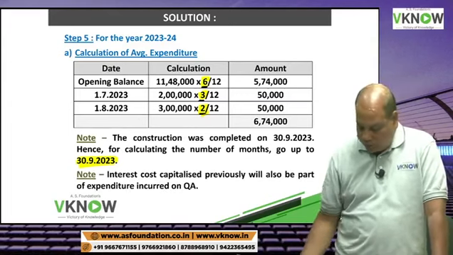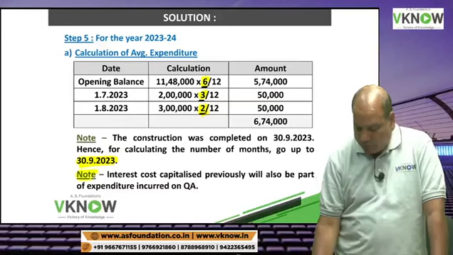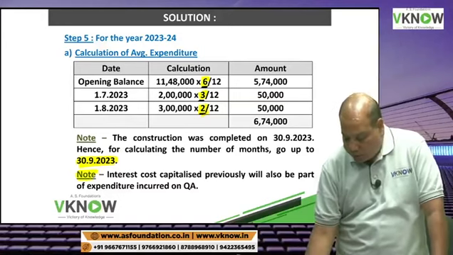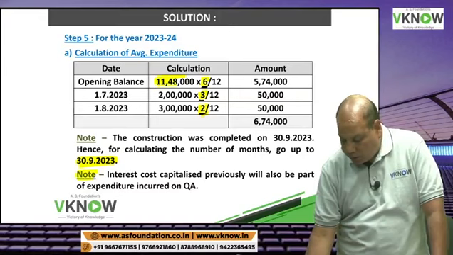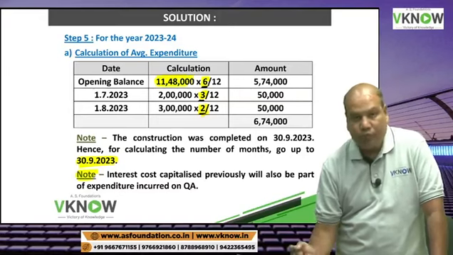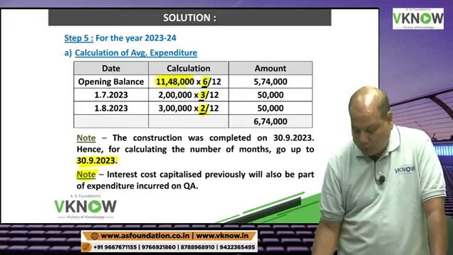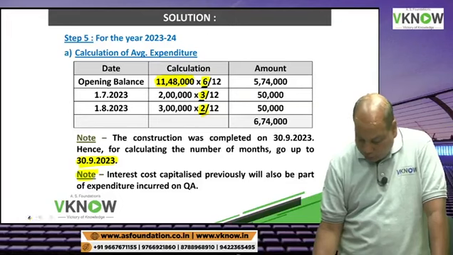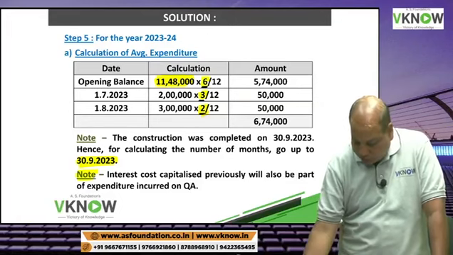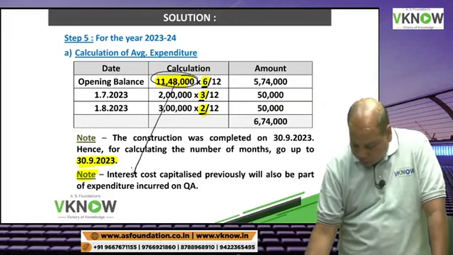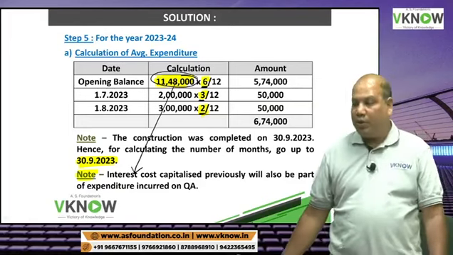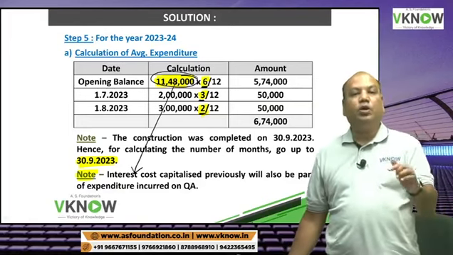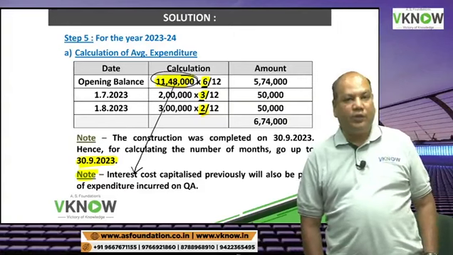Then write down second note, because you will have a query why we have taken 11,48,000. The standard itself says that any borrowing cost which is capitalized previously will also become part of expenditure on qualifying asset.